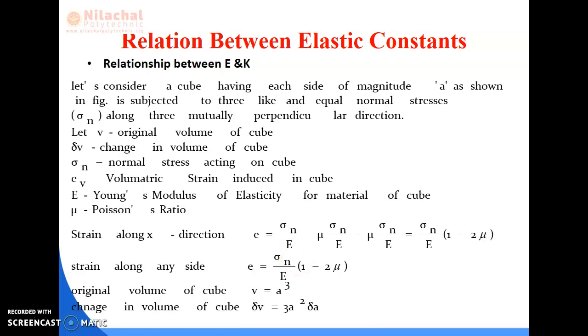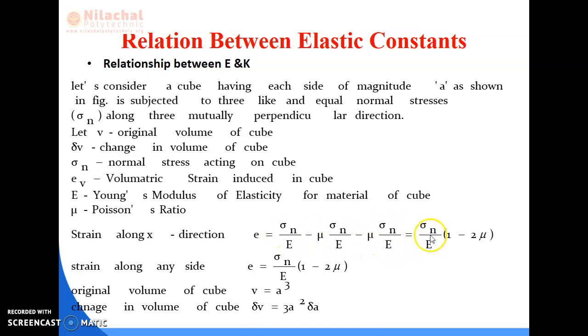Now strain is equal to stress by Young's modulus. So that is sigma n by E minus lateral strain along y direction, that is mu into longitudinal strain, that is sigma n by E. Similarly, along z direction, it is Poisson's ratio into linear strain, that is sigma n by E.